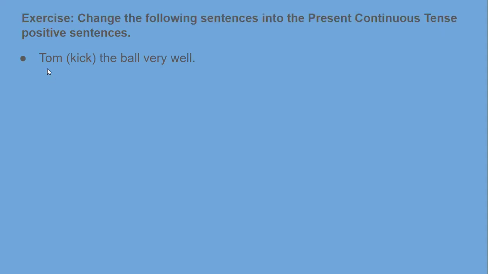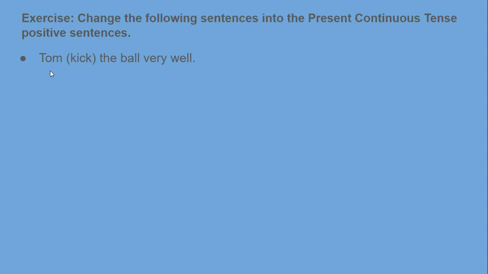So first sentence, Tom kicked the ball very well. Now remember, the instruction was we change these sentences to the present continuous tense. When you see the word continuous, already it means the verb has to have an ing. It means you have to use the gerund. That's what it means. And when it says present, right, already you know that you have to use the verbs to be am, is, or are, depending on the subject that you have.